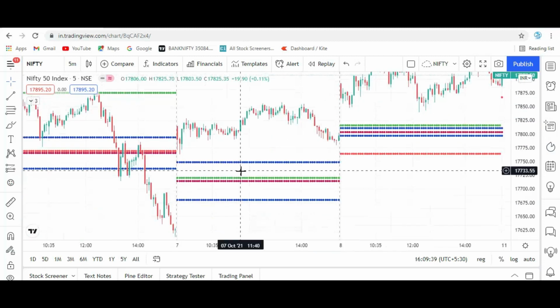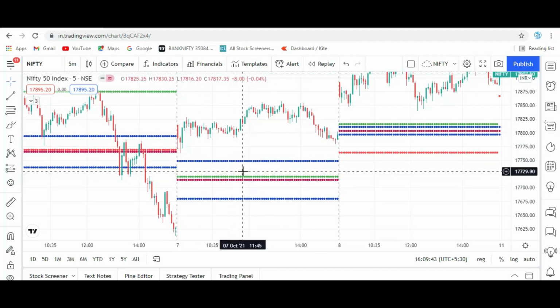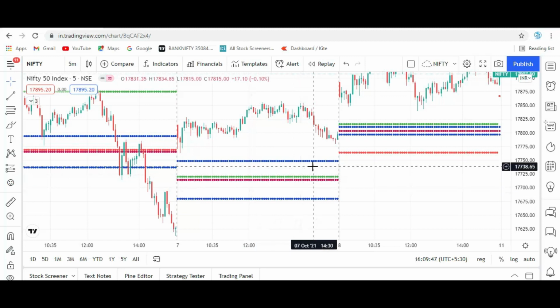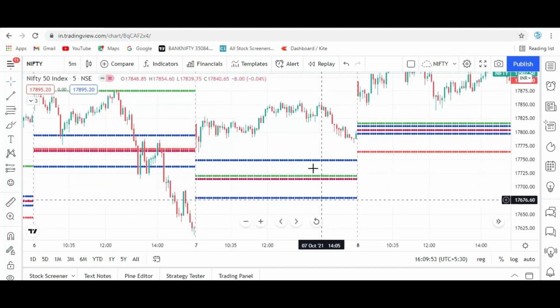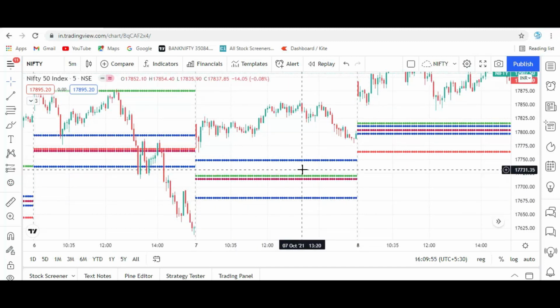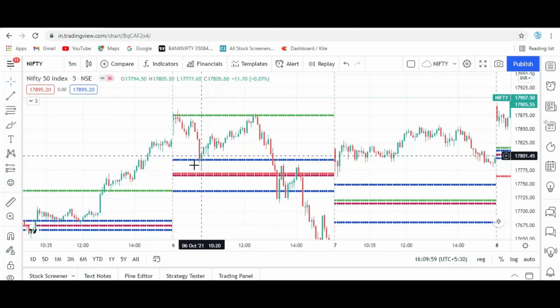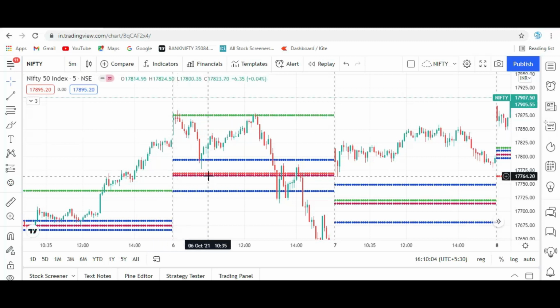When the CPR forms inside H3 or L3, that day a CPR breakout does not give any movement. Don't trade the breakout, because CPR plus H3 or L3 is strong support. Here, CPR is inside L3, and H3 reverses at L3 the first time.